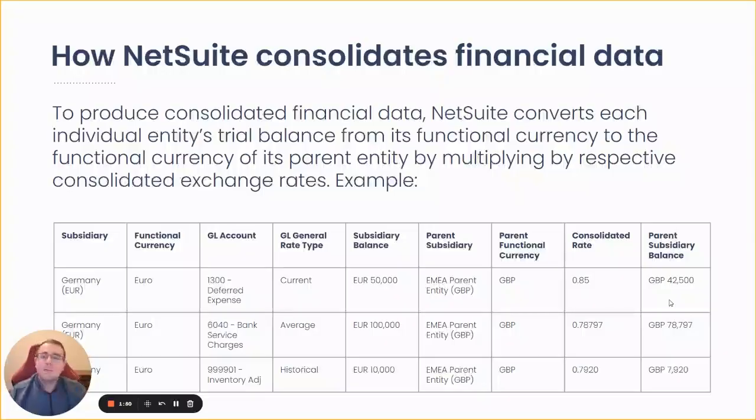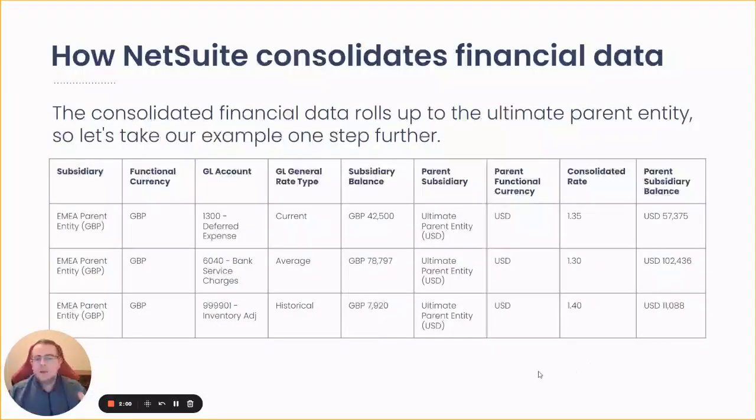Now that we have those balances in GBP, how do we then roll that up to USD for our ultimate parent entity? So taking those same transactions and balances, we have those balances carried forward here in GBP.